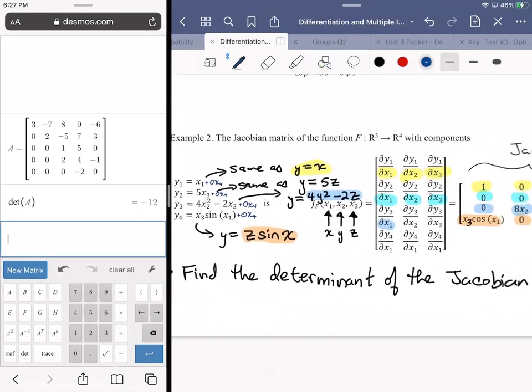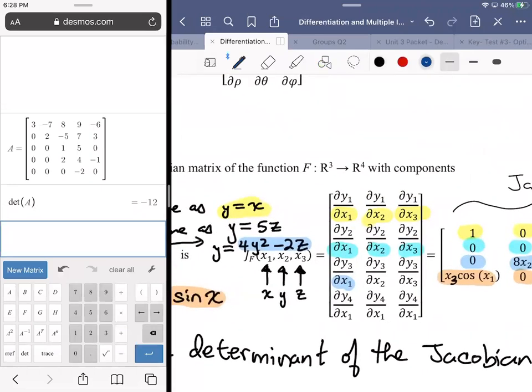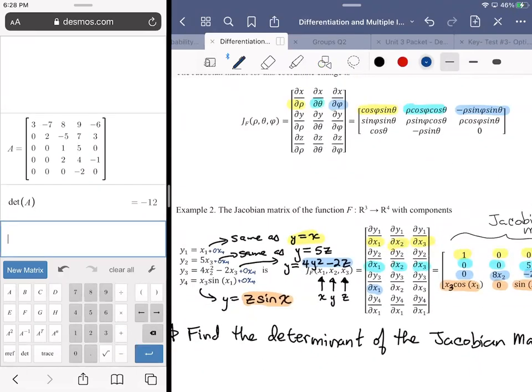All right. And then there's going to be a big old mess now. We'll have an additional column that consists of partial y with respect to x sub 4.